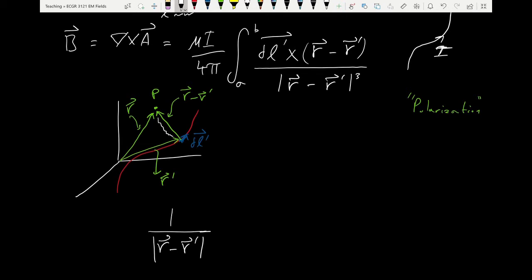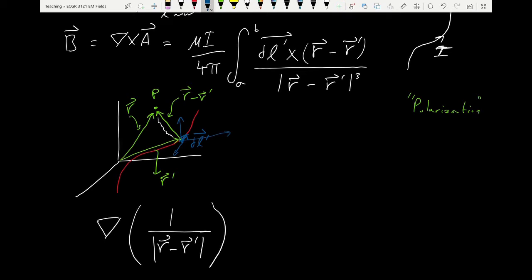If it's a scalar field in space, I can take its gradient. But to take its gradient, I need to assume a coordinate system. I can assume any coordinate system I want, so I'm going to use a coordinate system that is at the point of the displacement element, at the point of the filament.